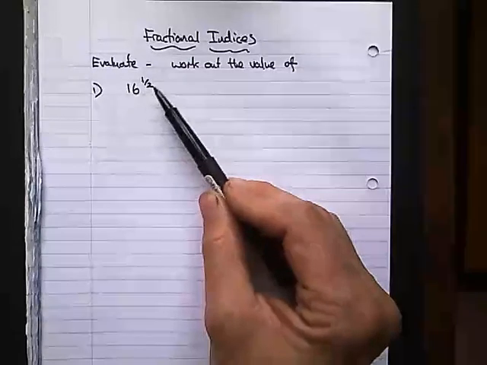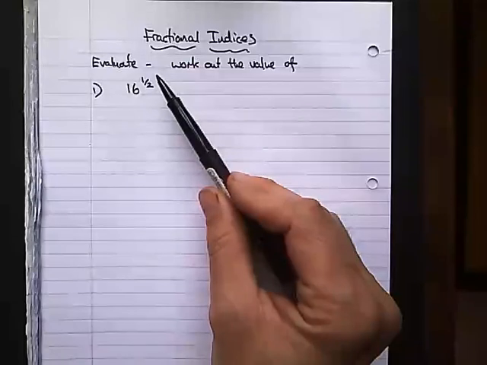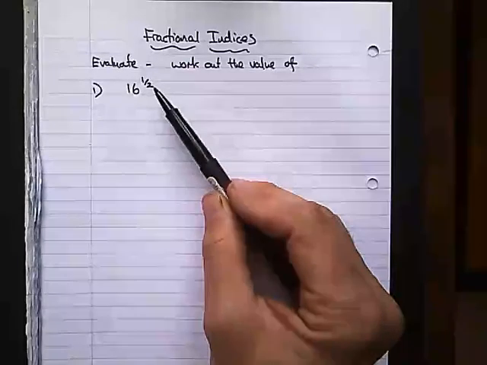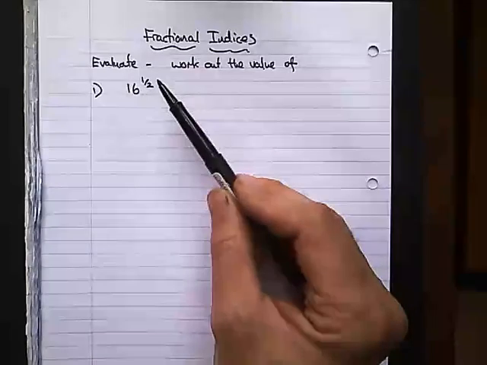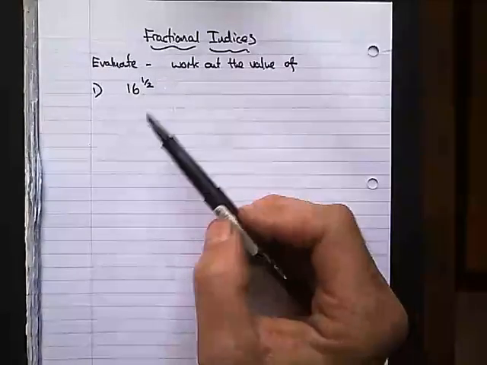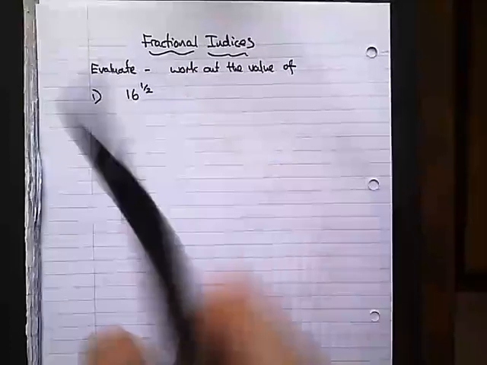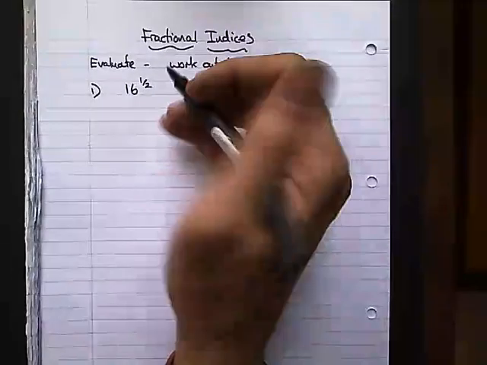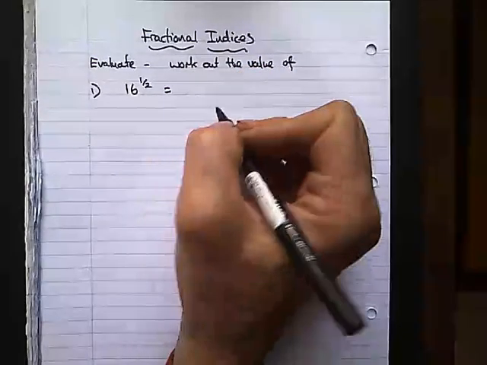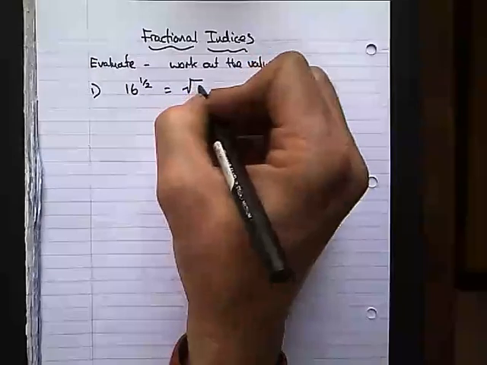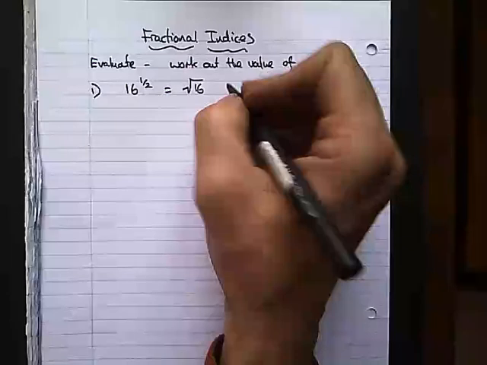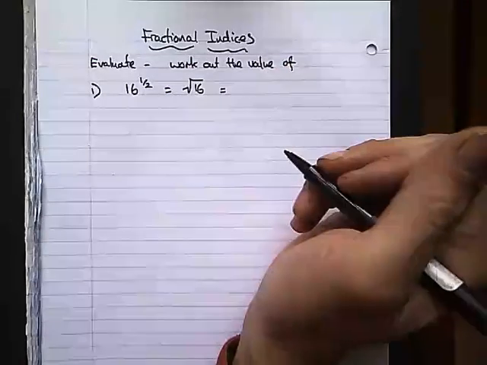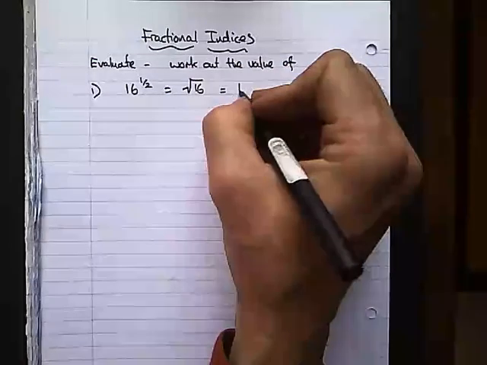If there were a number on the top, and I'll show you one of those examples in a minute, what you'd have to do is take that root and then square, cube, or raise to the power of 4 the answer. But in this case, the power of a half represents the square root. Okay, so it's the square root of 16, and the number you multiply by itself to get 16 is 4, and that's the answer.